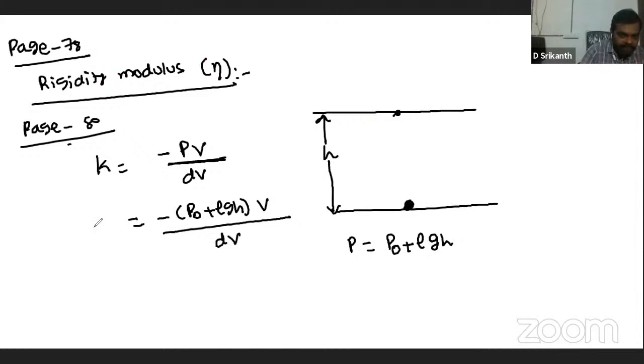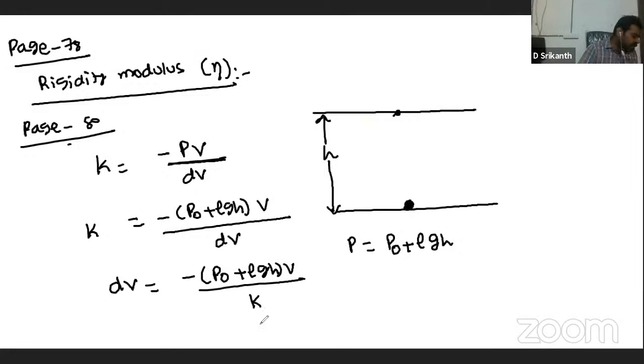So dV, the change in the volume, I can write as minus of P naught plus rho gh into volume by K, where K means bulk modulus. Here volume is decreased, so we write the minus sign. If P naught is very, very small compared with rho gh, then it is rho gh into V by K.